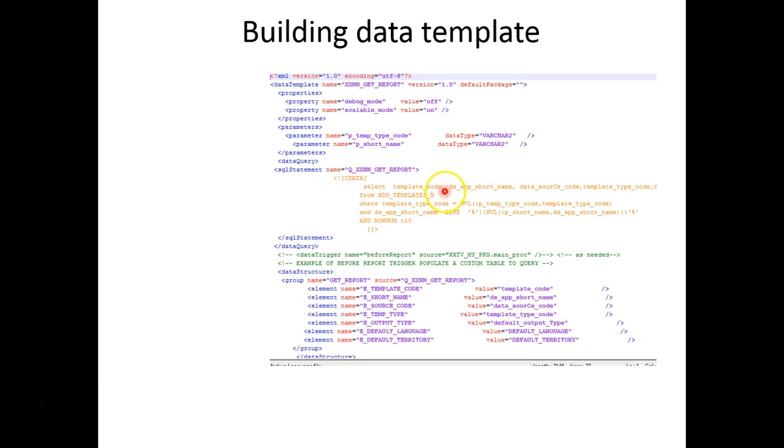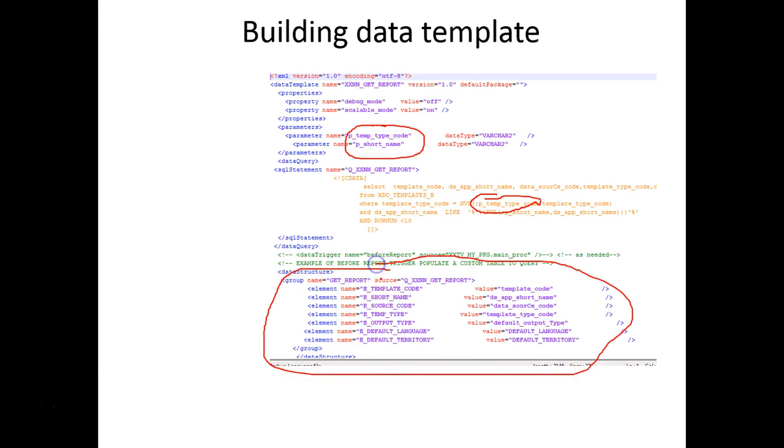In the coming examples, we will see how to pass a variable from one SQL to the other. But specifically here, you would see how the template code is used within the SQL right here. And you can also see how the groups are defined.